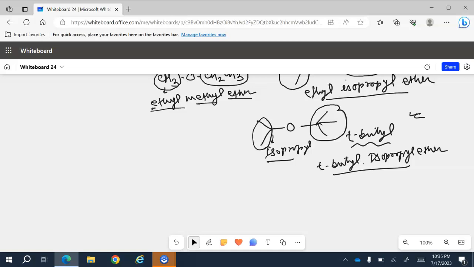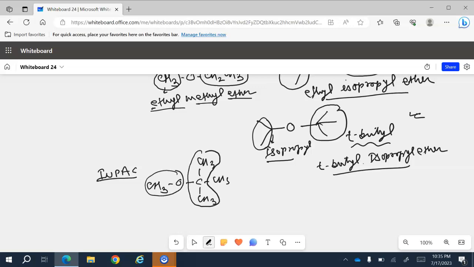And in the IUPAC system, which is not very commonly used, say for example, if you have this kind of ether and we wanted to name it by the IUPAC system, first of all we find the longest carbon chain. This is a 3-carbon chain, that is propane.